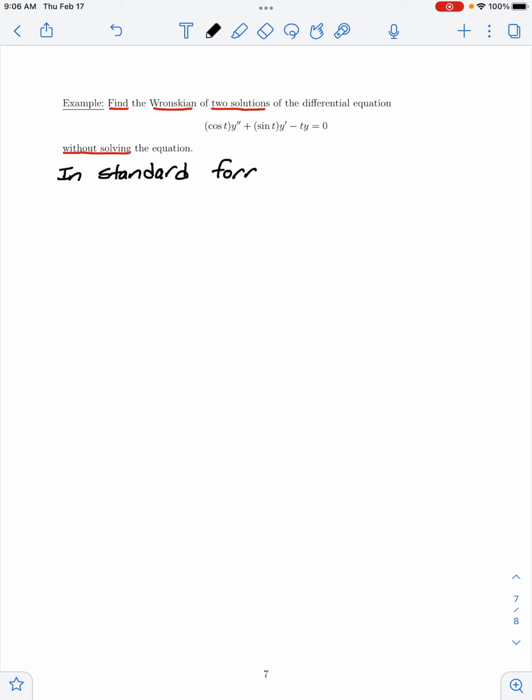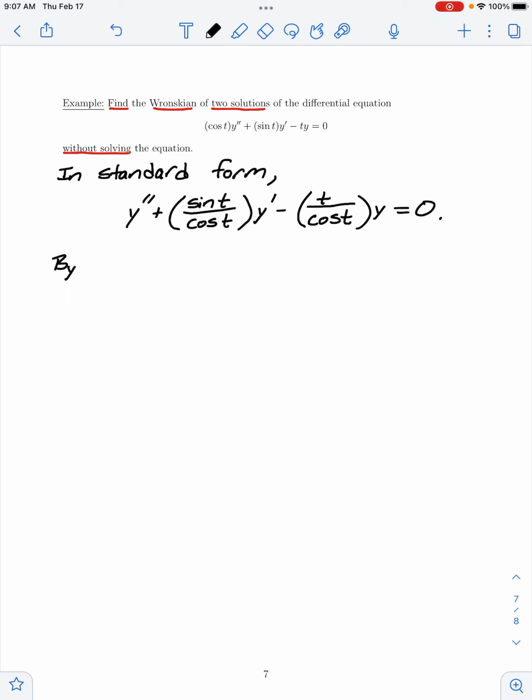So here, to put this equation in standard form, we need to divide everything through by cosine of t, the coefficient in front of our y double prime term. So this would give us 1 y double prime plus sine of t divided by cosine of t times y prime minus t divided by cosine t y is equal to 0. And now we're ready to apply Abel's theorem.